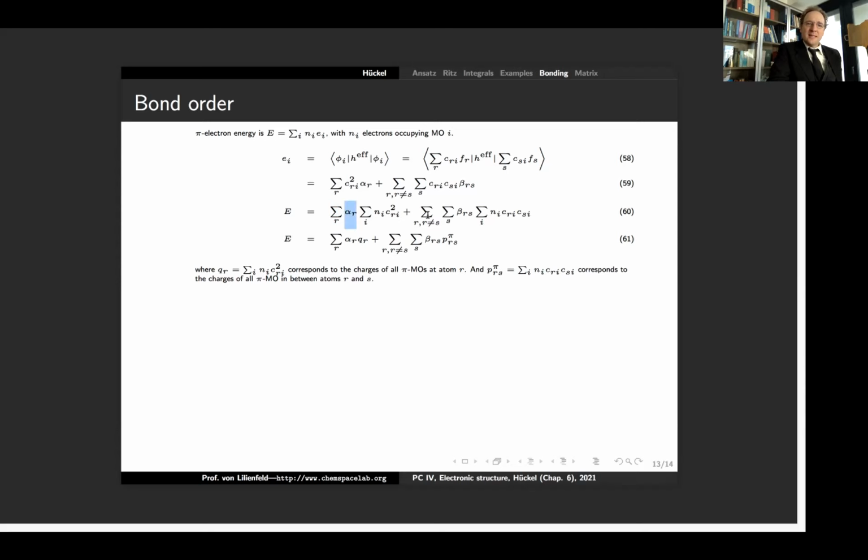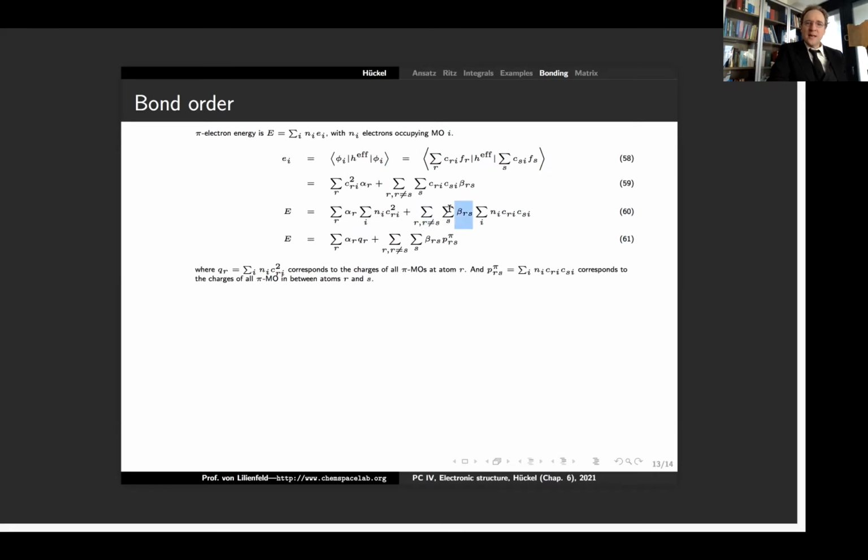Each atom has this alpha, weighted by the sum over your coefficients squared multiplied by the occupation. Now, this is not equal to 1, because the unoccupied orbitals in your coefficients will not contribute here. Their n will be 0. And then you have this double summation here as well.